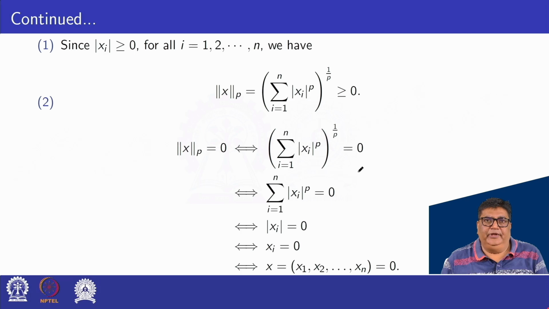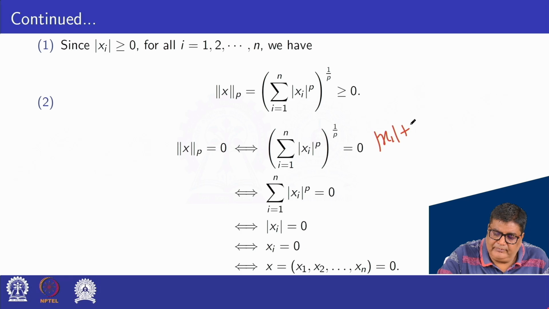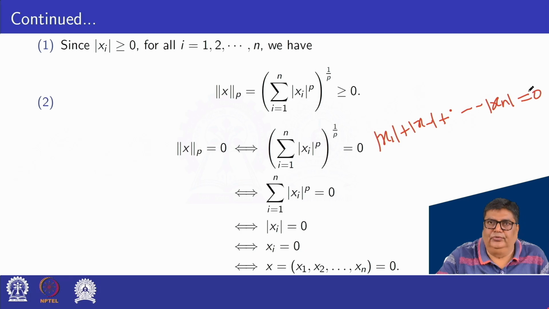Taking the pth power of both sides, we have summation i = 1 to n |xi|^p = 0. The meaning of this is |x1|^p plus |x2|^p plus and so on |xn|^p equals 0.